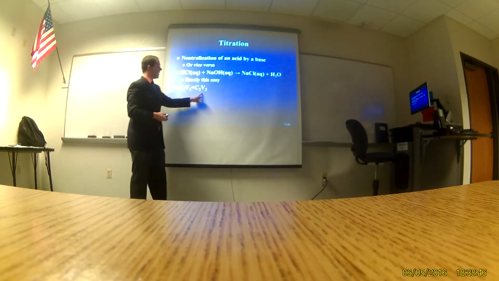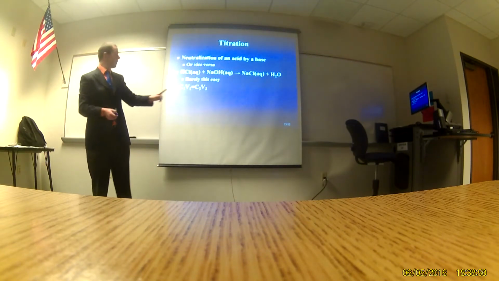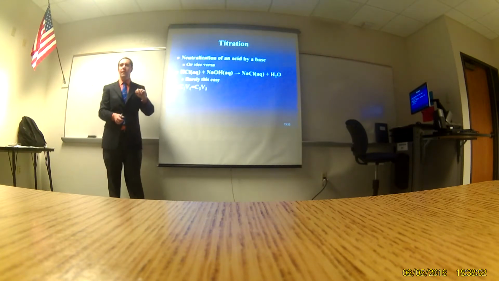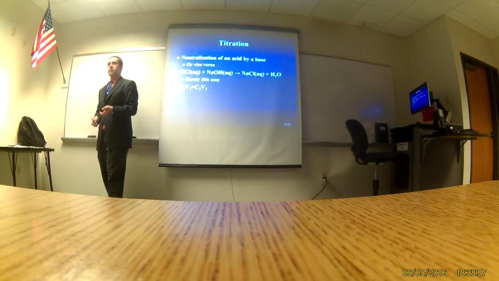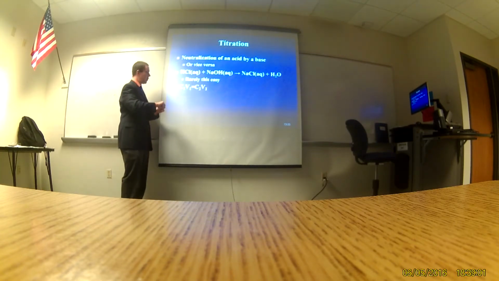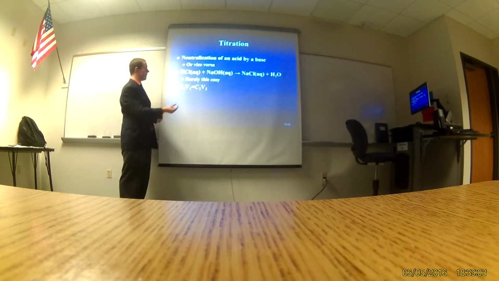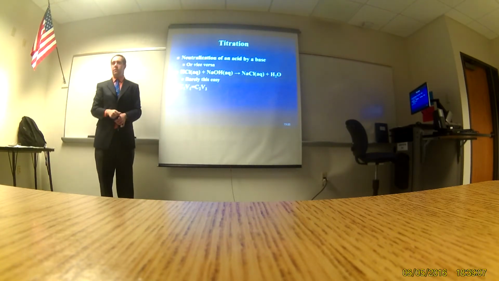I think this is the same exact equation we had for dilution, but in that case we had one solution that was before and after. In this case, the 1s and the 2s stand for acids and bases. It doesn't matter which one is which, as long as you have the concentration of the acid and the volume of the acid together and the base together on the other side.